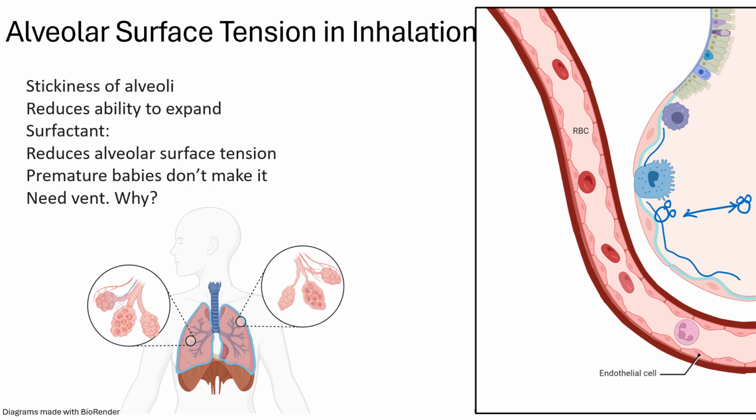And then, of course, to exhale, there are elastic forces and the alveolar surface tension. Alveolar surface tension seems to be a negative thing when we're talking about inhalation. Correct. That's because it's a force that you have to overcome to inhale. However, alveolar surface tension is really important in encouraging exhalation.